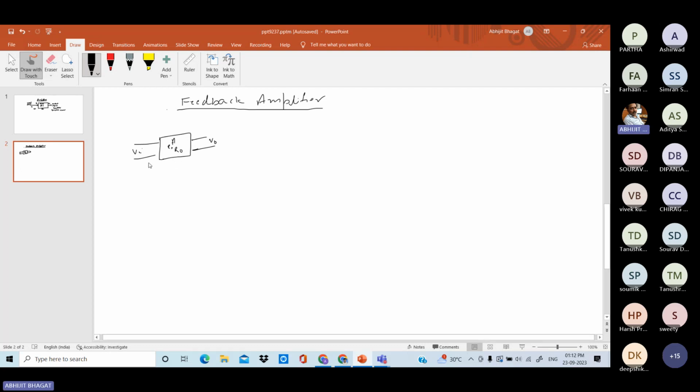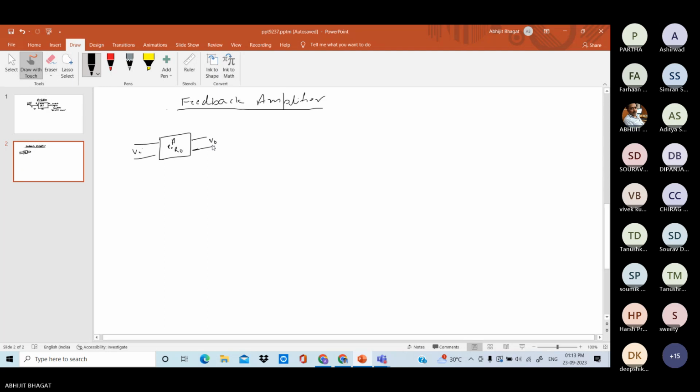The user cannot change this A, Ri and R0. The user has only the input voltage, and according to the input provided by the user, the user will get the output V0.